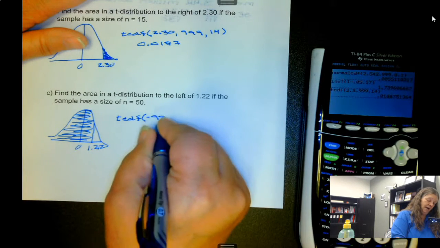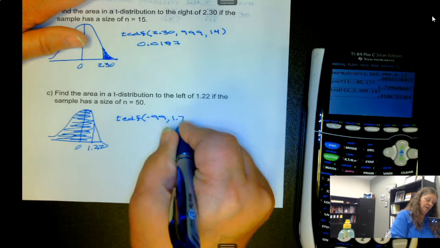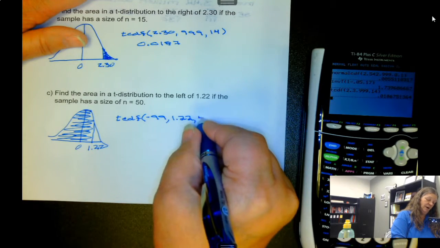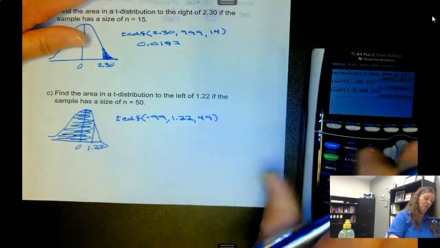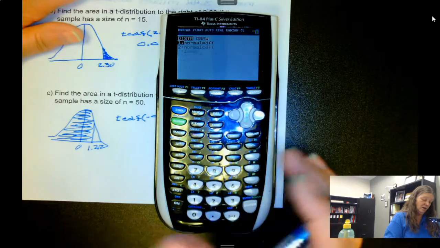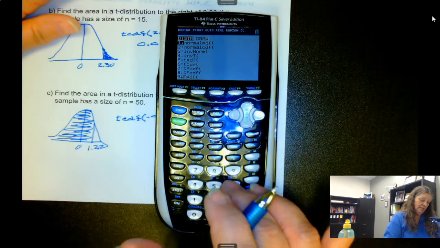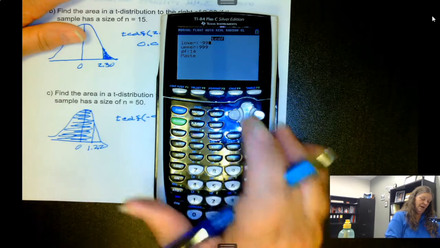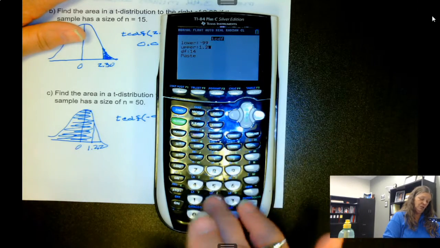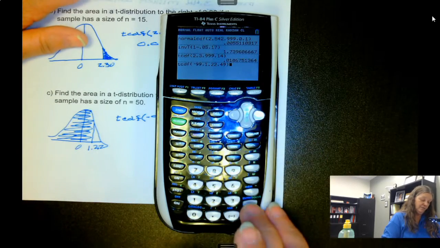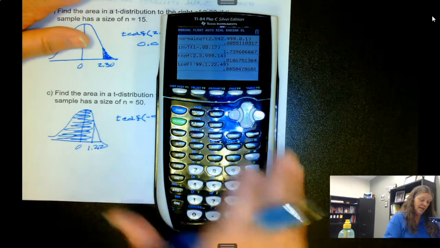So negative 999 is the lower, 1.22, and degrees of freedom is 50 minus 1, or 49. So we have second vars and TCDF. Negative 999 is the lower, 1.22 is the upper, 49 is the degrees of freedom. We get 0.886.